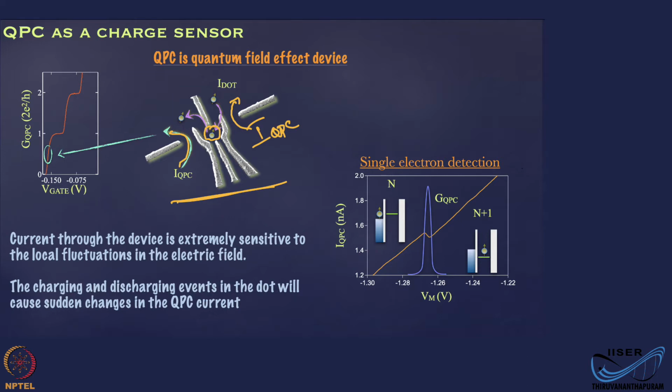So what we are doing here is changing the gate voltage Vm. Vm is the voltage on this middle gate. And when you sweep this gate to the negative direction, you are removing one electron out of the dot.